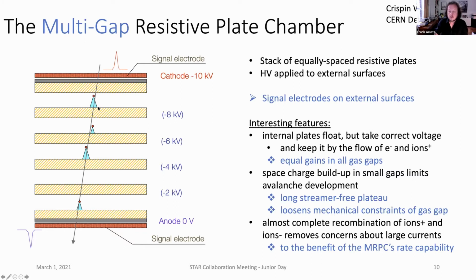The good thing is that this recombination of positive and negative ions really removes concerns about large currents that may take place in these resistive plates. And this is to the benefit of the rate capabilities that such an MRPC can have. You can see that by looking at technologies where you change the resistivity of these intermediate plates, you can see further improvements to the rate that such an MRPC can sustain.